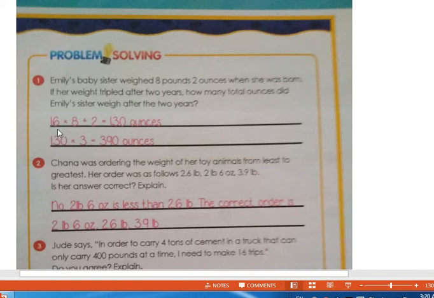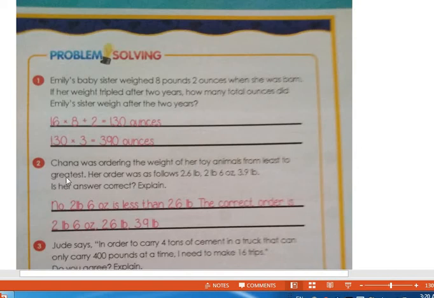So 16 times 8 plus the 2 ounces I already have gives 128 plus 2, 130 ounces. Her weight tripled, so 130 times 3 in 2 years. So she is now 390 ounces.